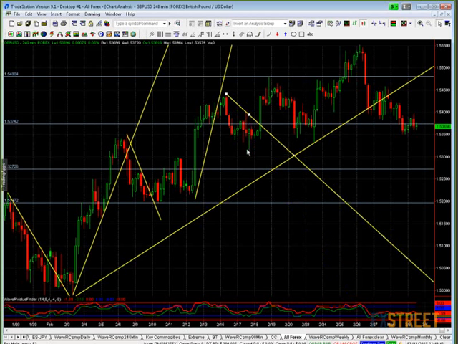If we took this one, then we can see that we've got a very clear zig, zag, zig, or ABC move, and we've got price action, which is showing us that we've got a hammer candle, got a bottoming candle there, showing quite clearly then that it's found some support down here.